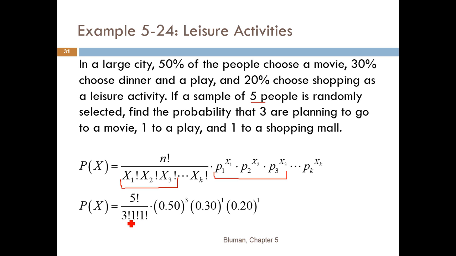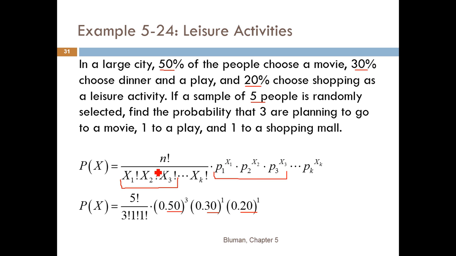So you go 3 factorial because x sub 1 goes along with the movie, and there are 3 people. That's what we're looking for. 1 for a play and 1 for the mall. Now you notice over here, P sub 1 is the probability of event 1. Event 1 is a movie. The probability of going to a movie is 50%, so that's why 50 goes here. 30% plan on going to dinner. 20% plan on going shopping.